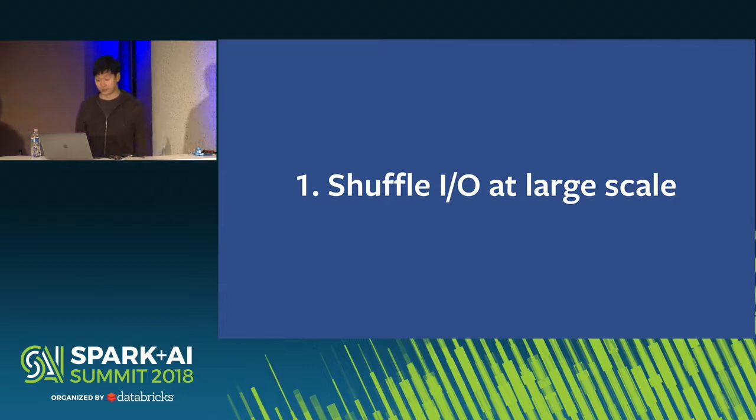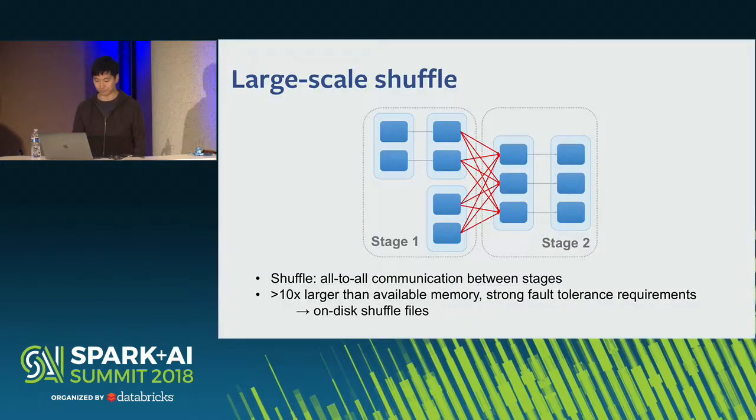Before we dive into the solution, I want to talk a little bit about shuffle I/O in Spark, especially at large scale. So many of you have probably seen this diagram before. It shows how operations in Spark are divided into stages. And between stage 1 and stage 2, we have a shuffle operation.